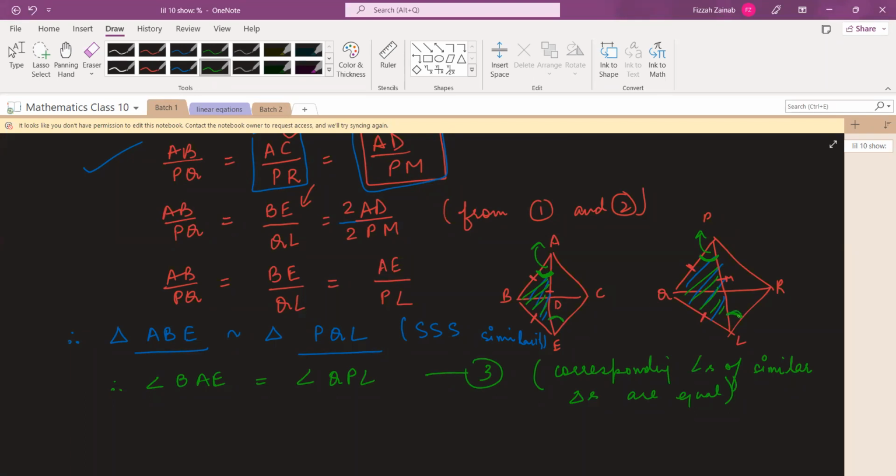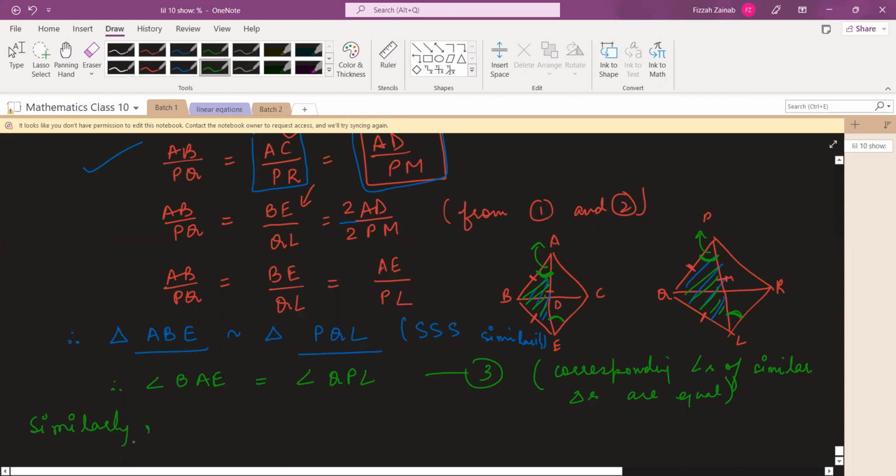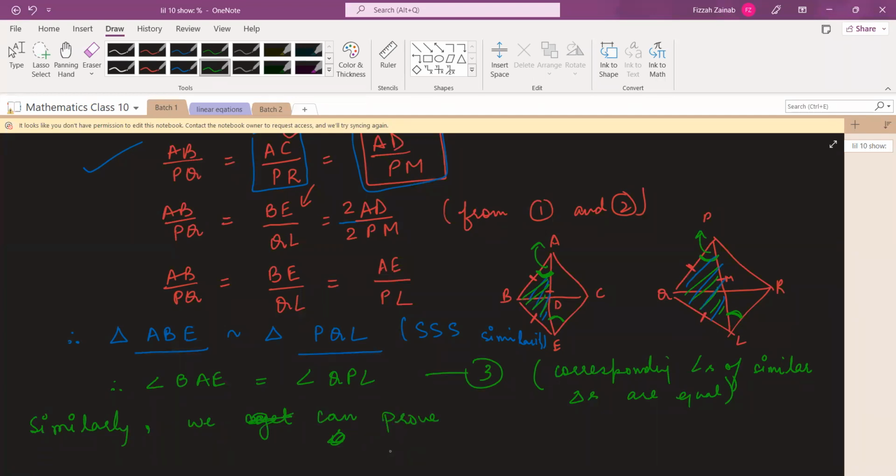Yes, ma'am. So no need to do it. We will write similarly. In the same manner, similarly we can prove that the right triangles are similar.